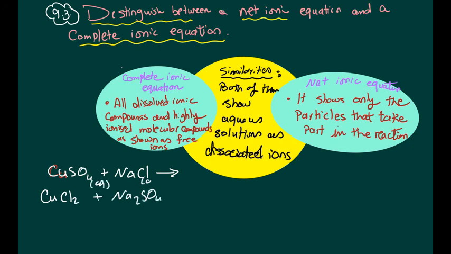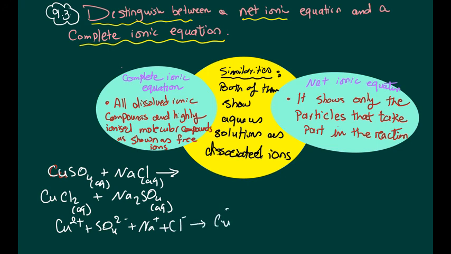To convert it into an ionic equation, you just need to replace the aqueous solutions with separate ions. So Cu2+ plus SO4 2-, plus Na+ plus Cl-, giving Cu2+ plus 2Cl- plus 2Na+ and SO4 2-.